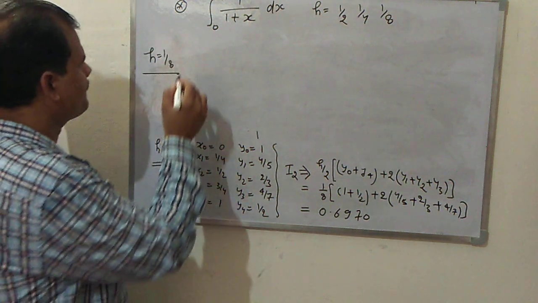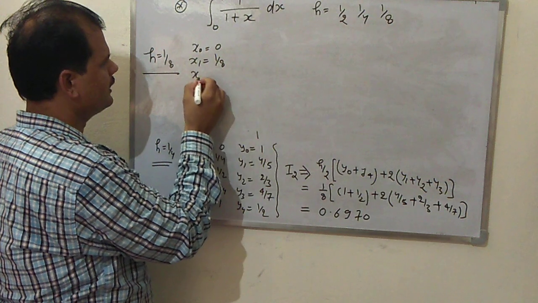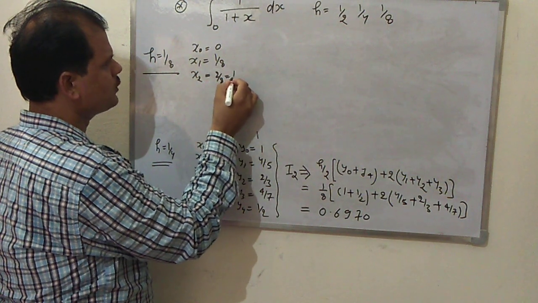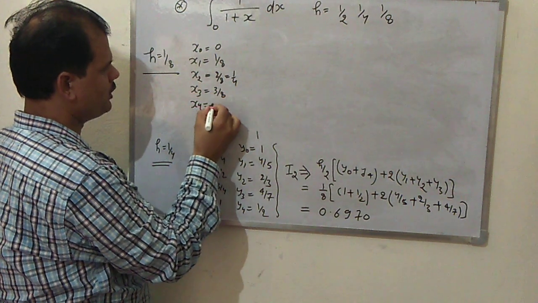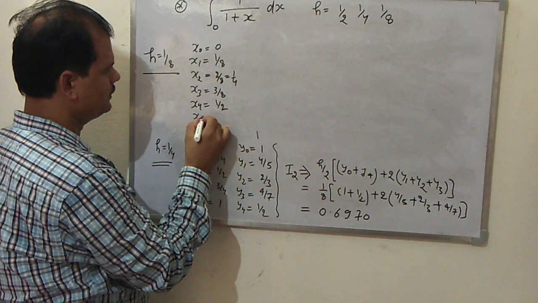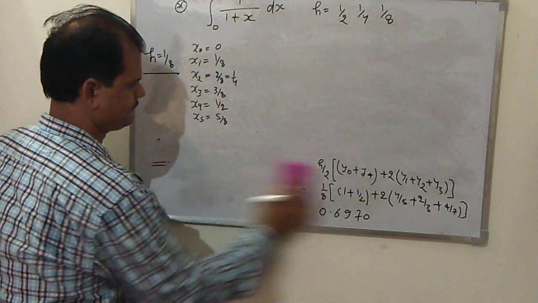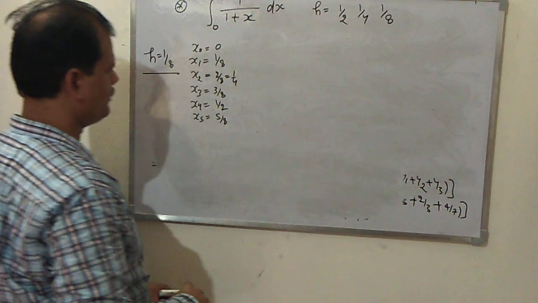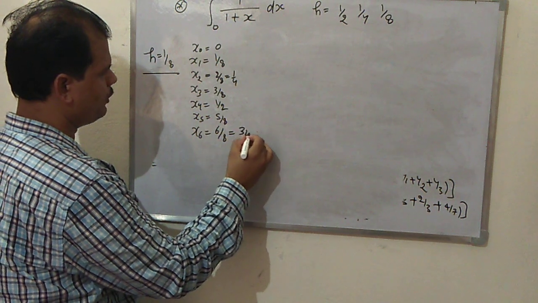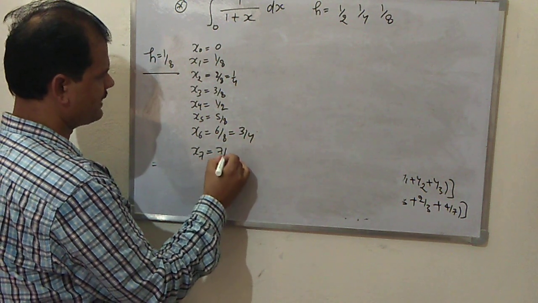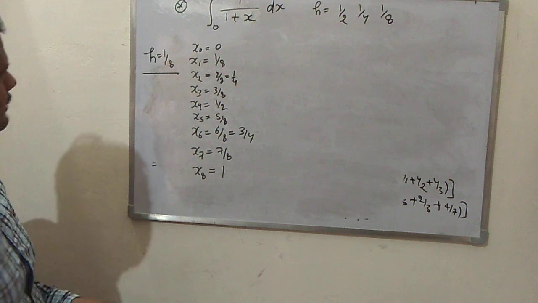Your data points will be x0 equal to 0, x1 equal to 1 by 8, x2 equal to 2 by 8, so 1 by 4, x3 equal to 3 by 8, x4 equal to 4 by 8, so 1 by 2, x5 equal to 5 by 8, x6 equal to 6 by 8, so we can write 3 by 4, x7 equal to 7 by 8, and x8 equal to 1. So these are the data points.